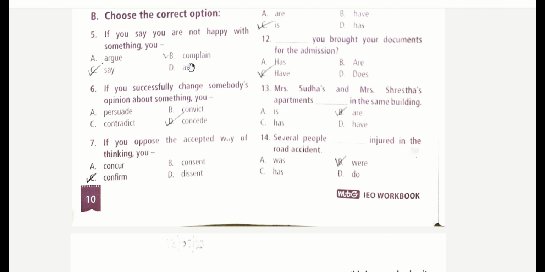Because if you say you're not happy with something, you're expressing your dissatisfaction. So the correct option to complete the sentence is are expressing. What are you doing here? You are complaining about something. You're expressing your feeling, and that is called complain because you are not happy with something.